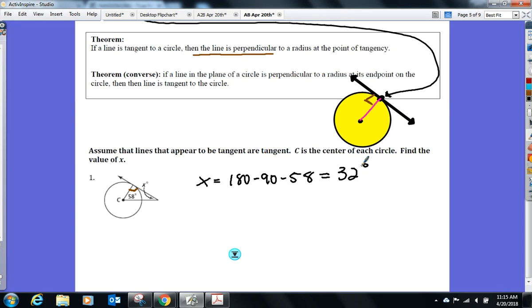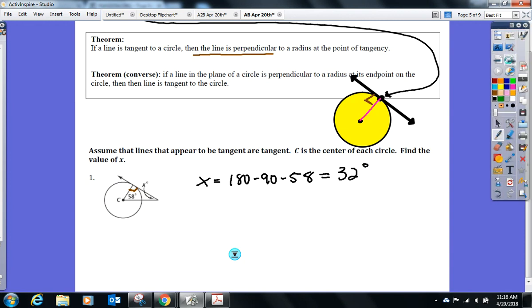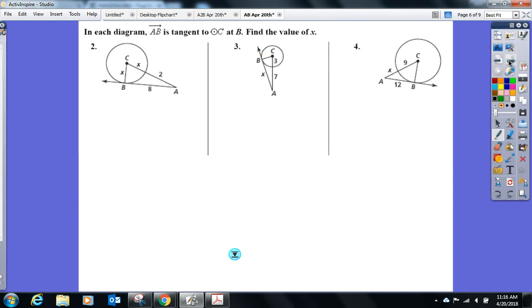Now that you know you'll be seeing some right angles formed, what else can we do in right triangles? Oh, Pythagorean Theorem. Funny you bring that up. Find the value of x now.